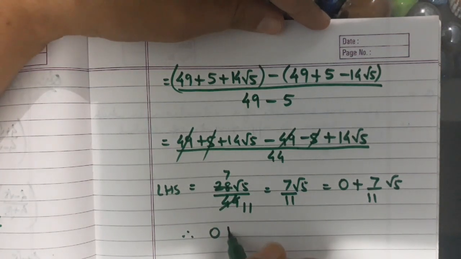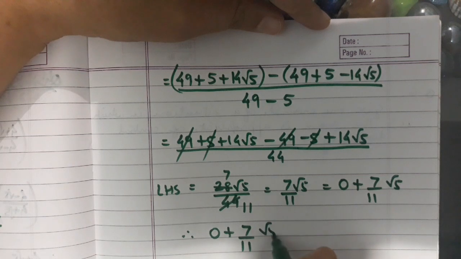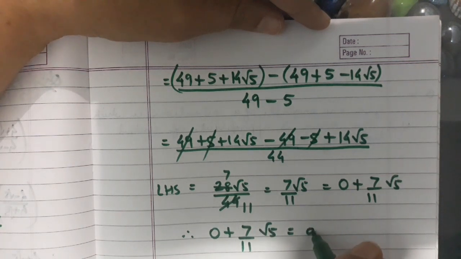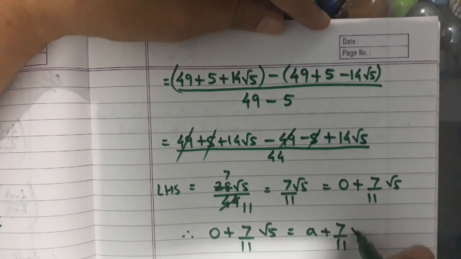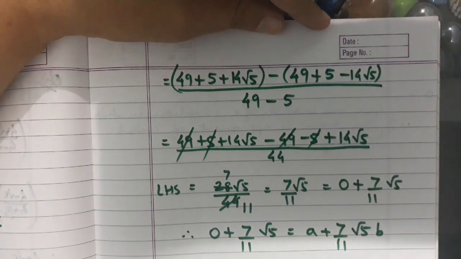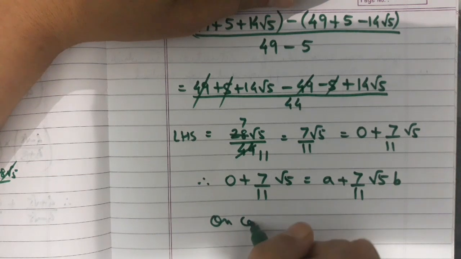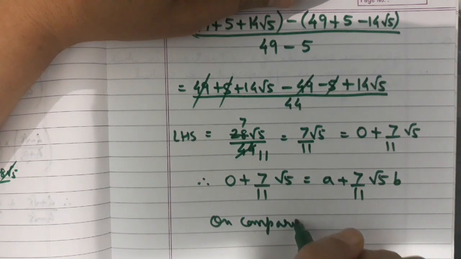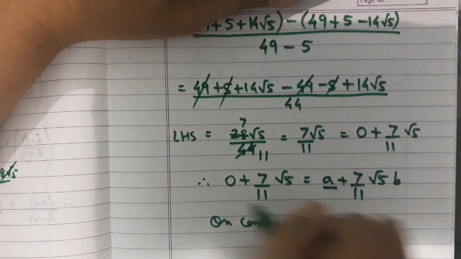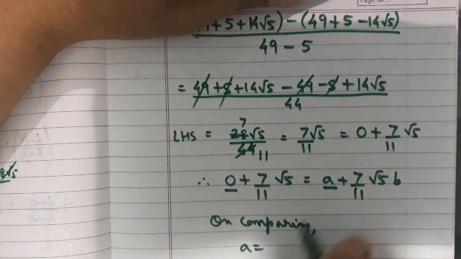So we write 0 plus 7 upon 11 root 5 is equal to a plus 7 upon 11 root 5 b. And then we compare. So on comparing, we can see easily that over here the value of a is 0.